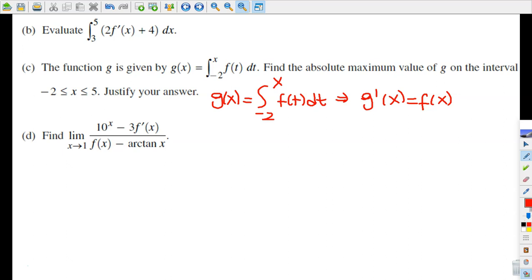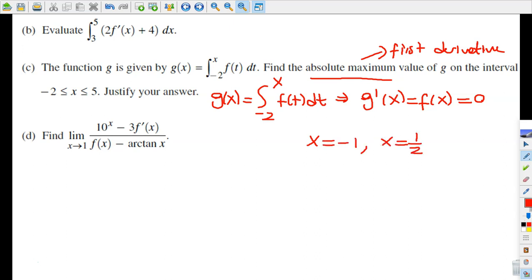So if I want to find the absolute maximum value of g, and this is related to the first derivative, we're going to set this expression equal to 0. So when I set this expression equal to 0, what I'm going to come across are the x-intercepts. So x equals negative 1, x equals 1/2, and x equals positive 5.